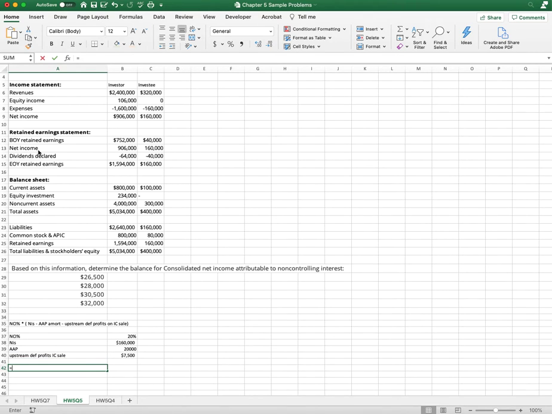And now we can just plug all of this in. So that 20% times, open parentheses, the net income minus the AAP minus the upstream intercompany profits gives us $26,500.